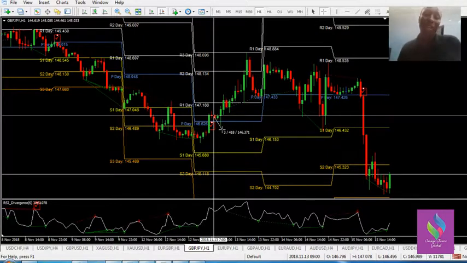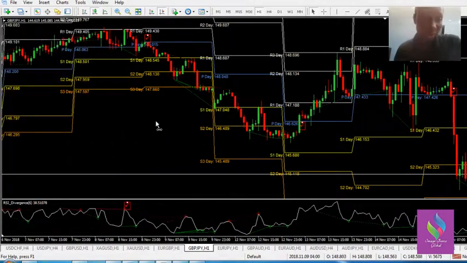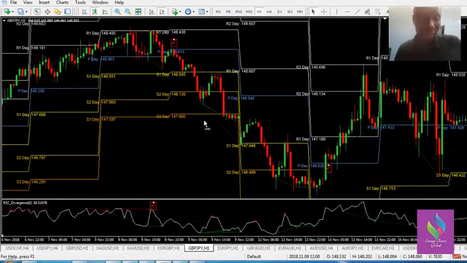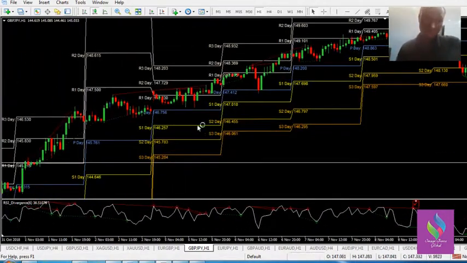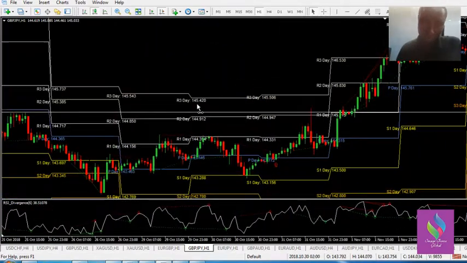But since it didn't close, you have your buy still active and you have it up to around here, about 182 pips. You can see, great one for those who understand how to take advantage of this wonderful tool.